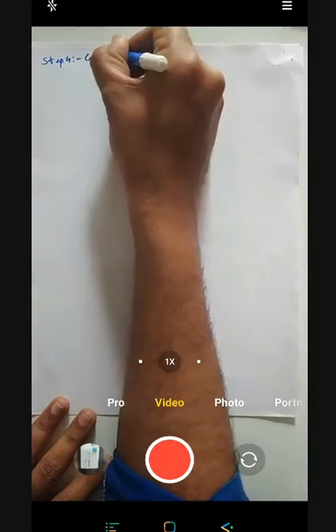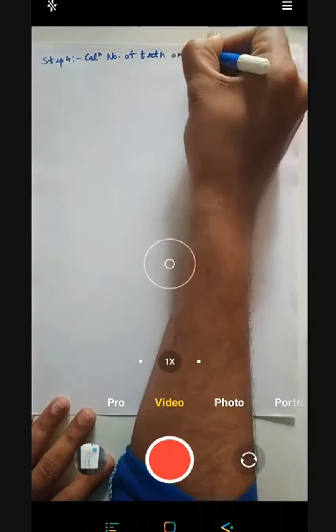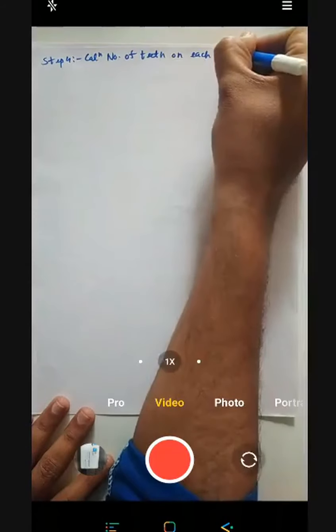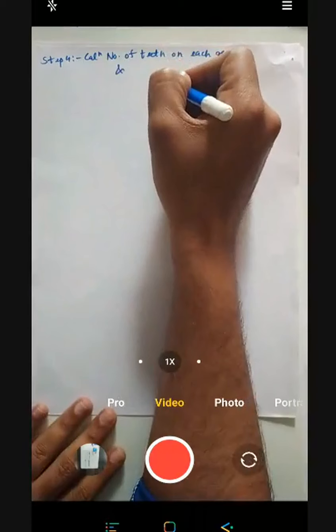For today, we are moving on with the last step of this question, that is step number 4. Your last step says you have to calculate the number of teeth on each gear, and then finally you have to draw the gearing diagram.